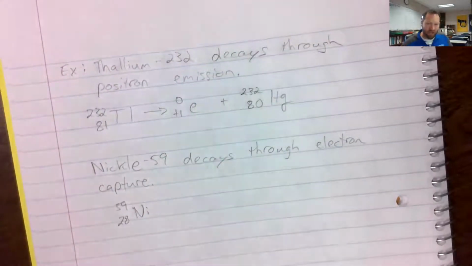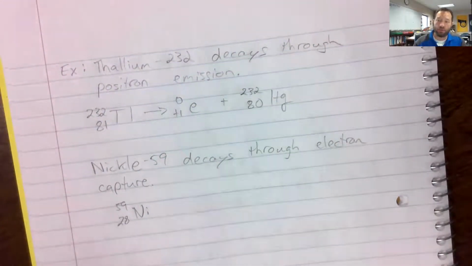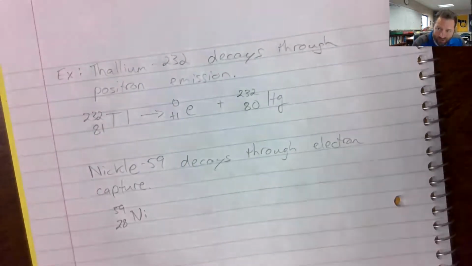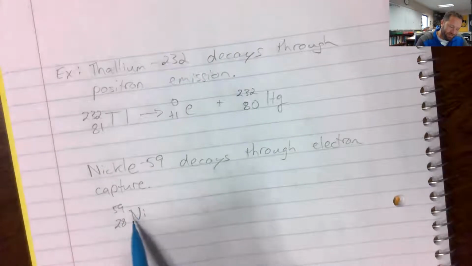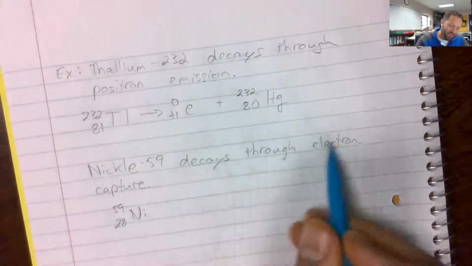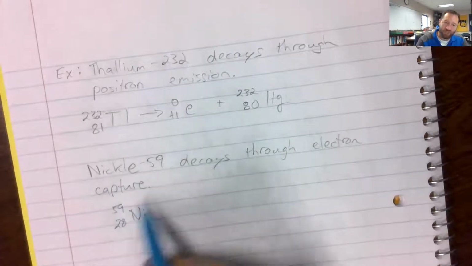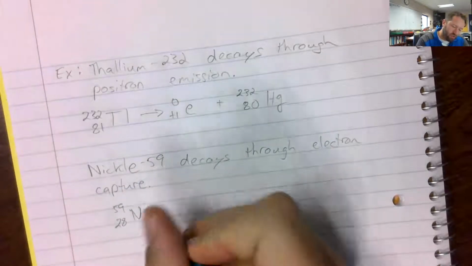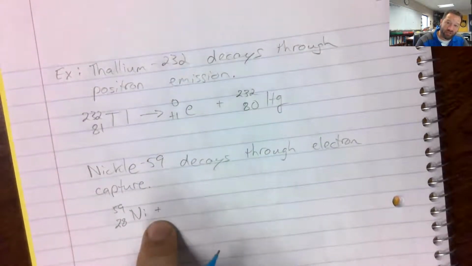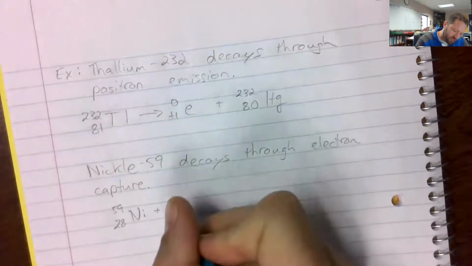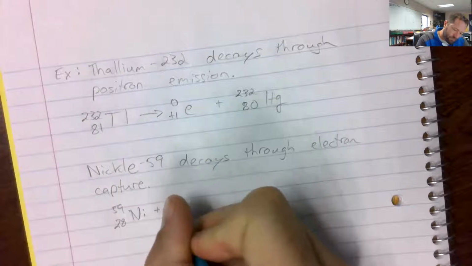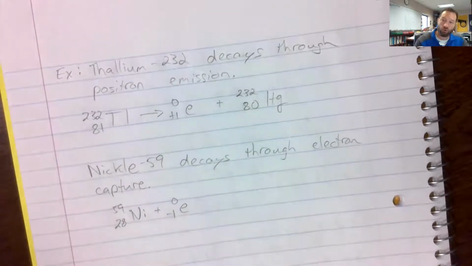So there's my 28. The next part of this can be a little tricky, so slow it down. There's going to be no race on this next test. Here's nickel, 59, decays through electron capture. When we see that capture, we know that it's going to be a plus, not an arrow. So most of the time we just put an arrow. Here we're going to put a plus. There's our beta particle or our electron.